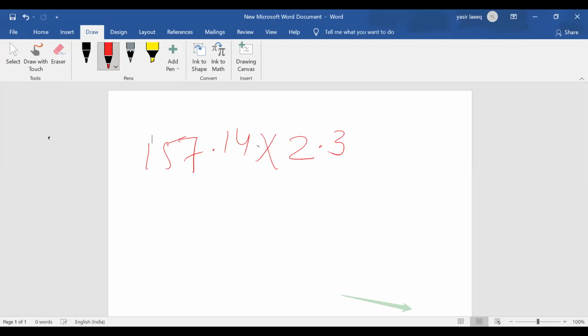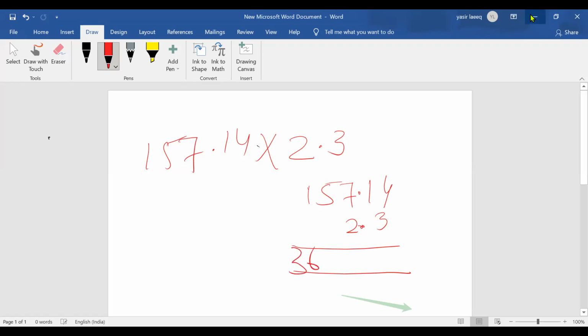So it is the same as we do multiplication. We first put the decimal aside and forget about the decimal. While doing multiplication, we forget the decimal. Just do as we did in earlier multiplication, and whatever answer comes, here the answer comes 361422. This will be the answer after multiplication.